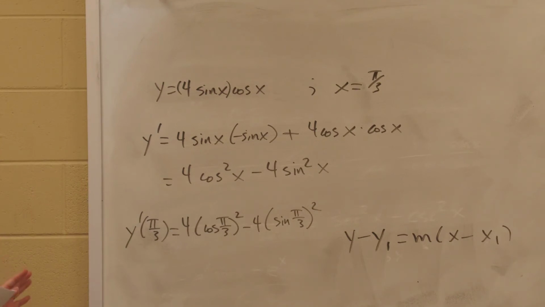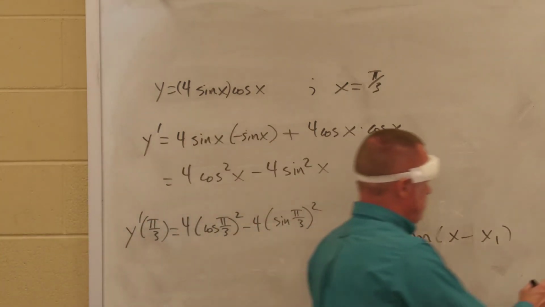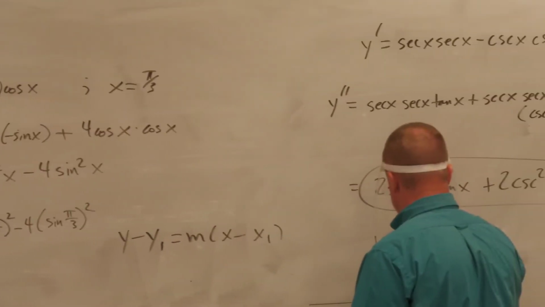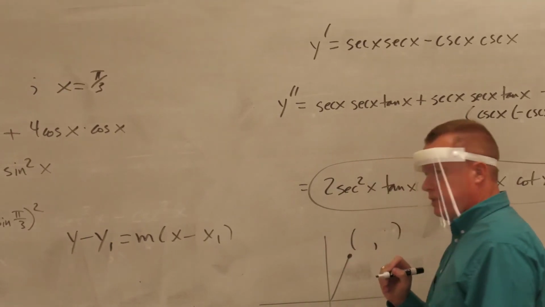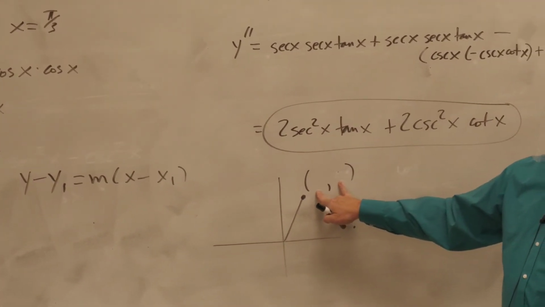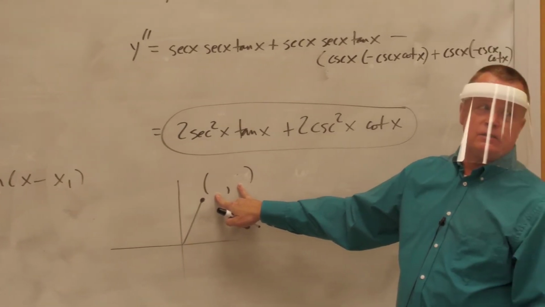Now, what is the cosine of pi over 3? Okay, goes back to your quizzes, right? So if you've got pi over 3 is going to be right here, right? What is that point that goes right there on the unit circle? What's the point?